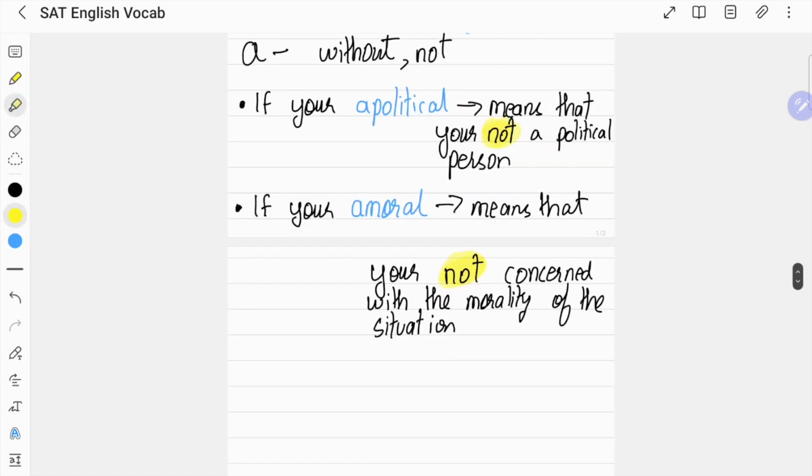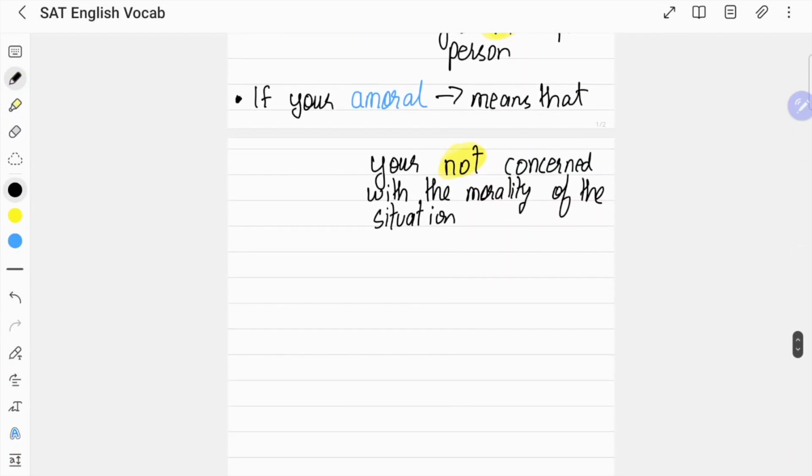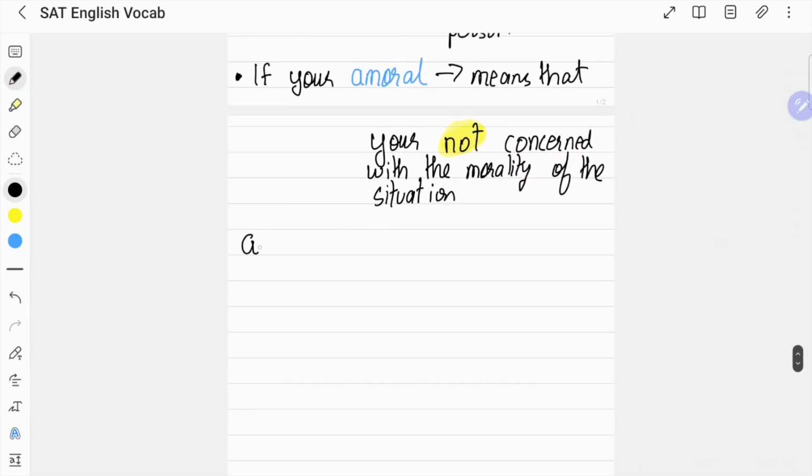So we see here a being used for without or not. Although we should not get too carried away with it, as the prefix only works if placed in front of another root. Alright. Next word we can take is an, or which normally means against.